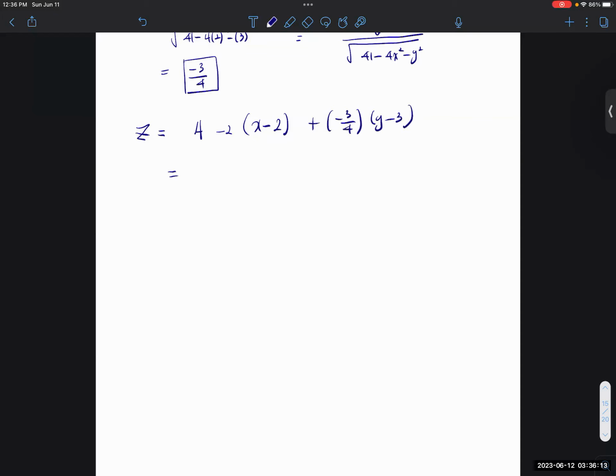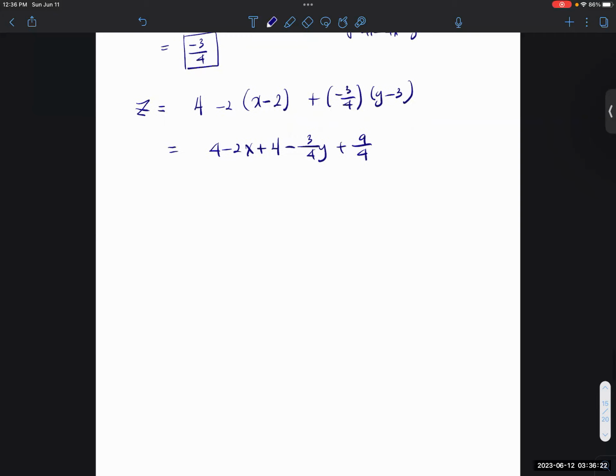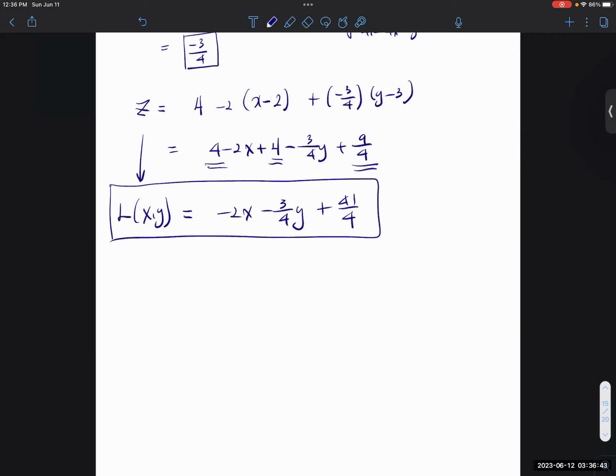If you simplify, that's negative 2x minus 3 over 4 y plus 9 over 4 plus the constant, which would be 41 over 4. So the equation of the tangent plane is also the same as the linear approximation equation.